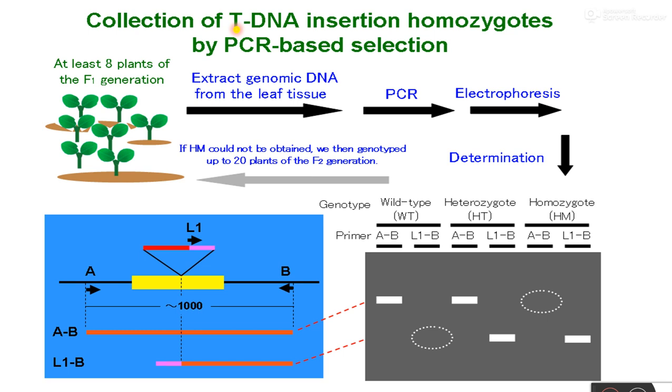So if you want to study the function of a particular gene, then for that you will have to first go to the site of the Arabidopsis Biological Resource Center or Nottingham Arabidopsis Stock Center, and from there you will have to search whether the tDNA insertional mutant line of your gene of interest is present, or whether they can provide you that tDNA mutant line or not.